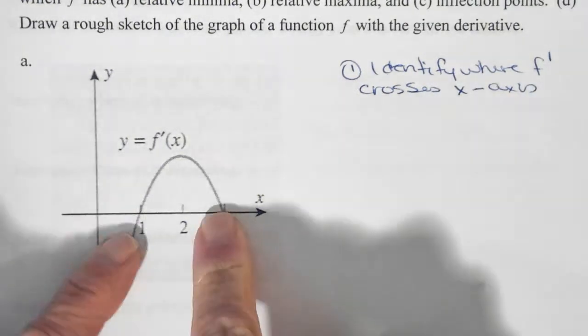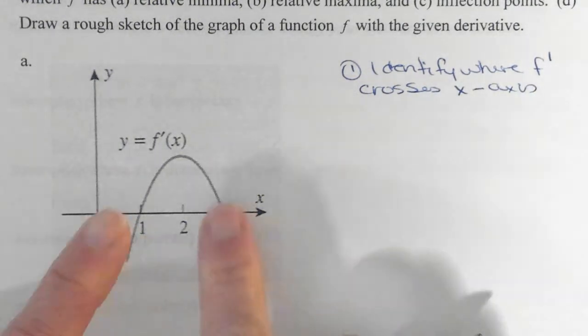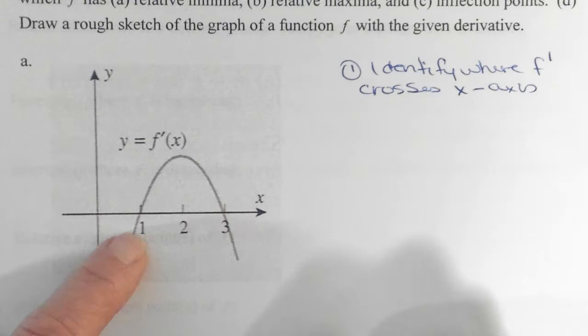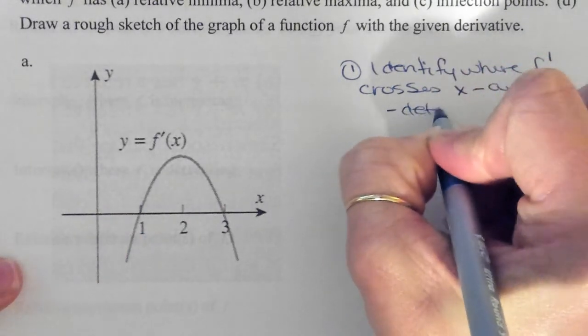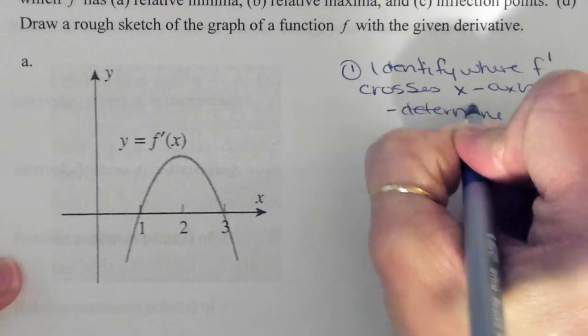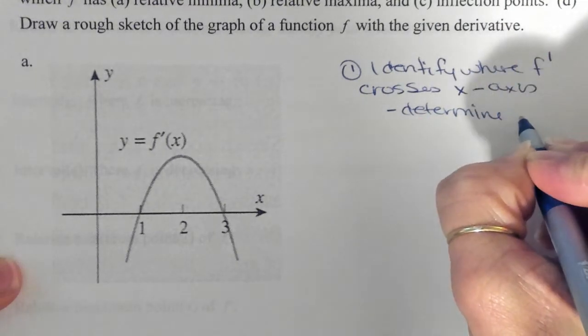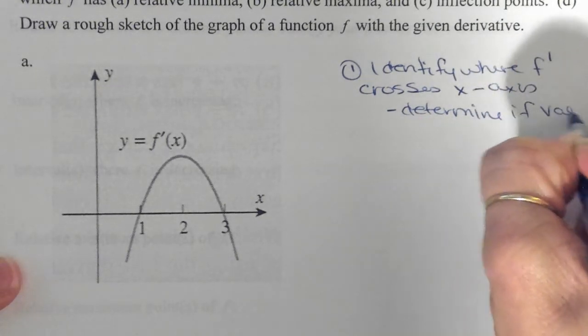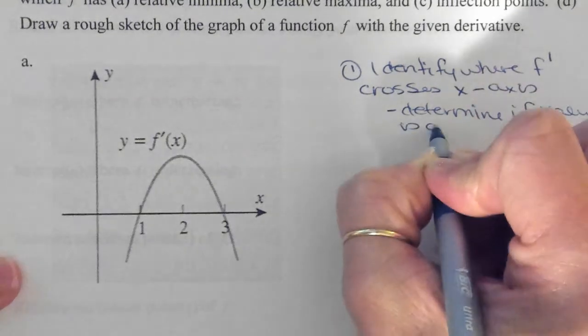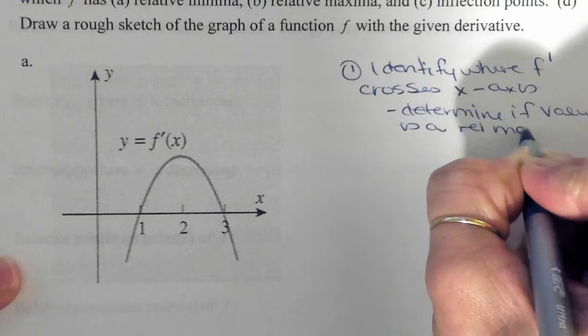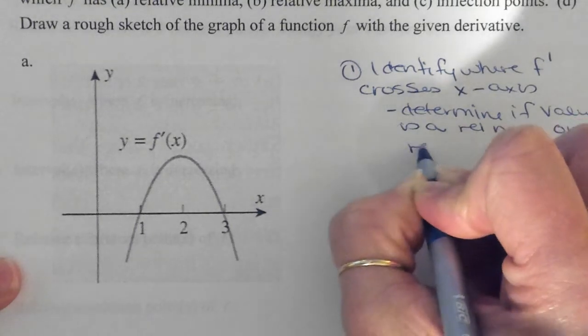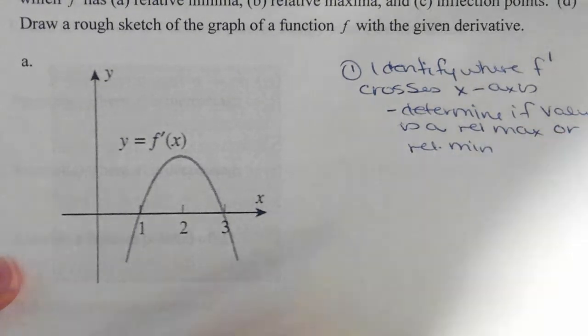Okay, so we have 2 spots, right? 1 and 3. You need to determine if that value is a max, let's say a relative max, or relative min.